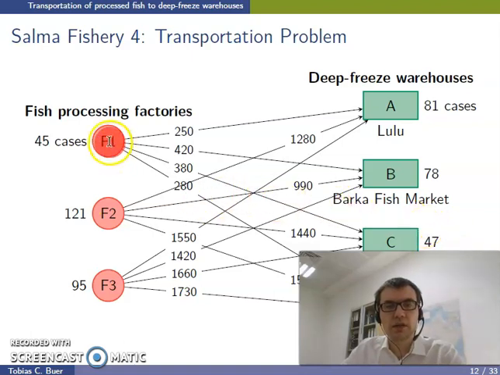Or shall we split the cases among all 4 customers? What shall we do? Deciding how many cases shall be transported from which factory to which customer, so that the demand of all the customers is completely fulfilled, is the structure of the transportation problem.